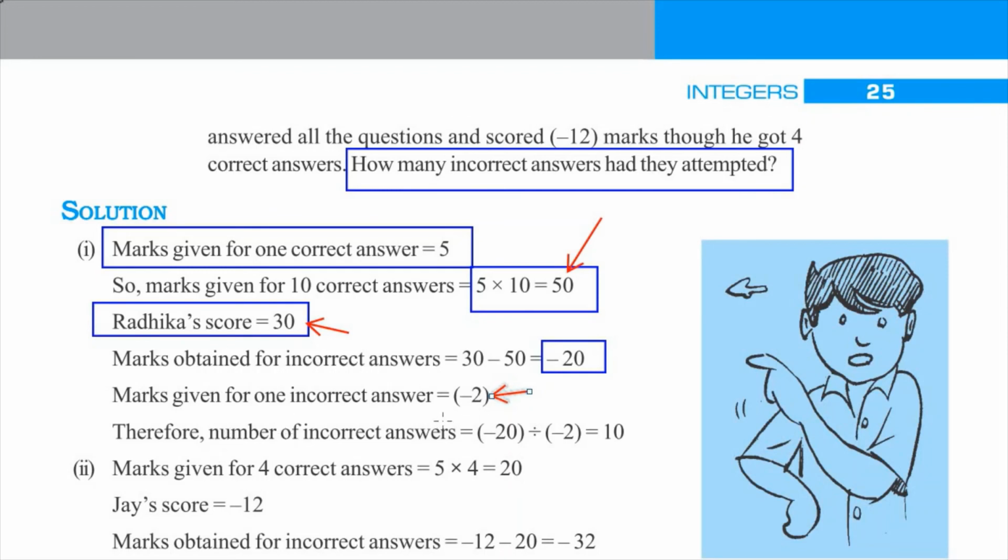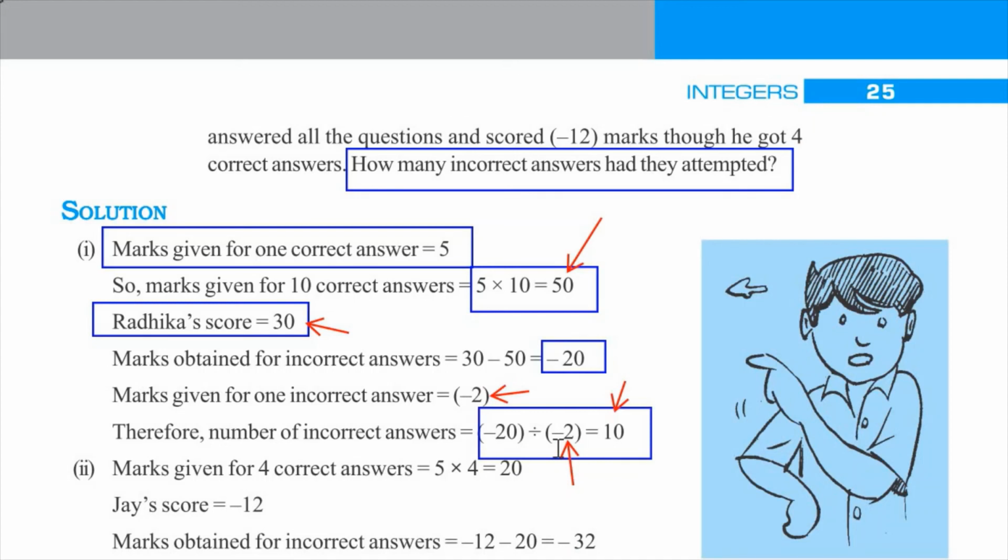Therefore, the number of incorrect answers is going to be the total marks that has been deducted divided by marks for each question. Observe that the multiplication equivalent of this would have been if that person got 10 answers incorrect and if minus 2 is the marks deducted for each incorrect answer, the total marks that would have been deducted would have been equal to 10 into minus 2.